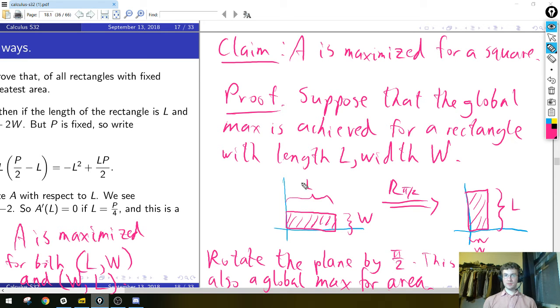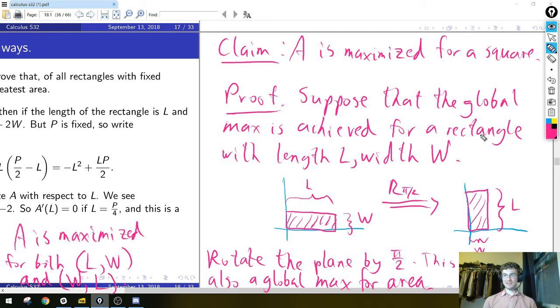So the punchline of this argument is that if length L and width W gives you a global max for area, you can simply rotate the plane and see that length W and width L, the reverse, is also a global maximum. But that's a little weird because global max is unique, right? There can only be one.